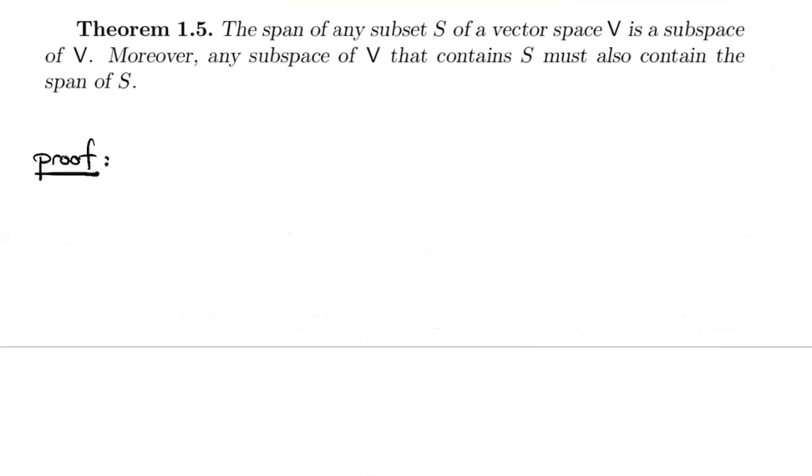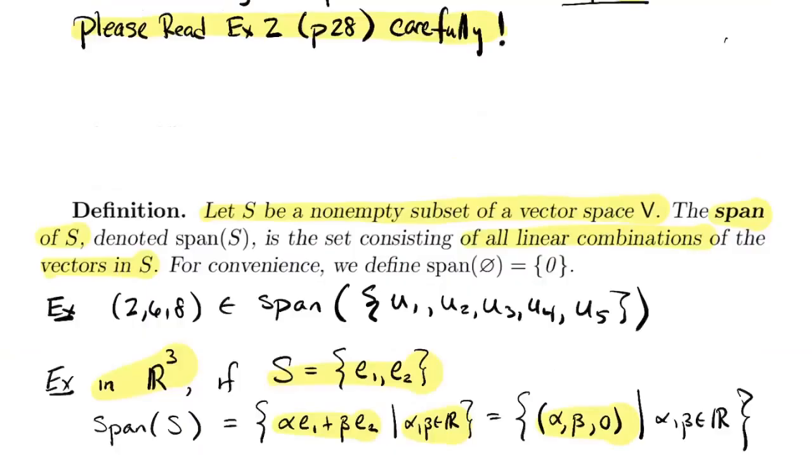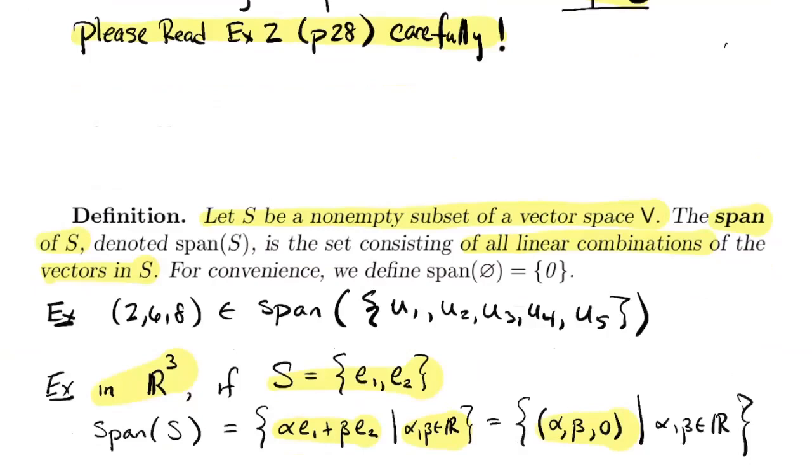So what are we asked to show? That the span of any subset of a vector space is a subspace. Here, the author is using this convention. I skipped over it. Sorry, I'm going to scroll back to the definition. If you want to include any subset of a vector space, and you don't want to have to keep saying non-empty, then you can just define the span of the empty set to be the set that contains the 0 vector alone.